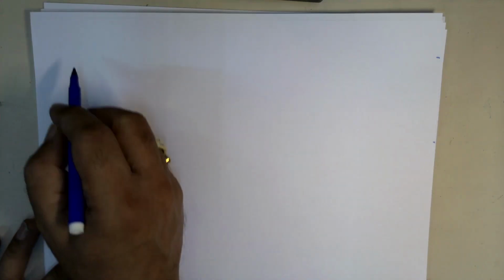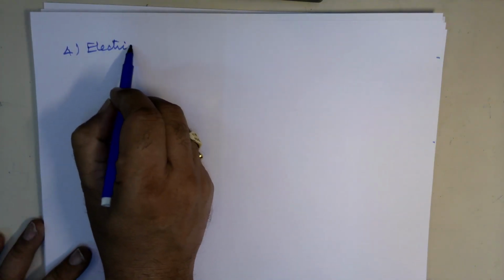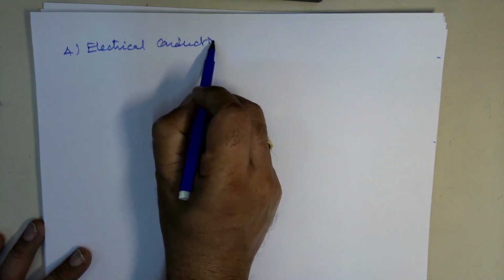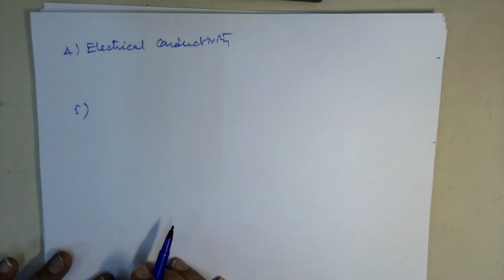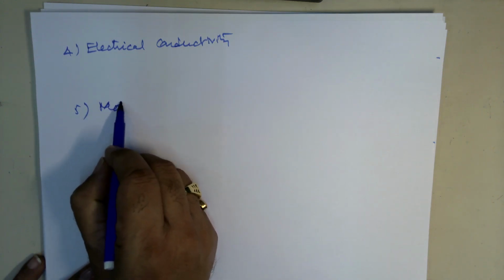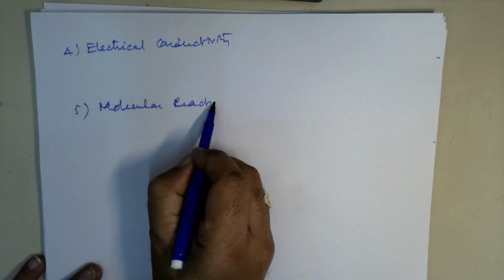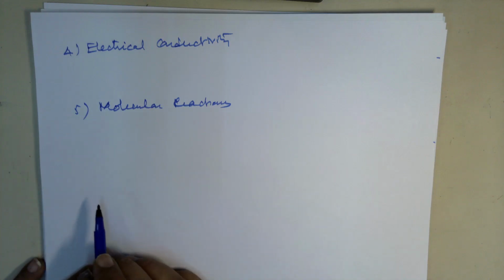I'll explain electrical conductivity. Then molecular reactions. And then the directional characteristics and isomerism.